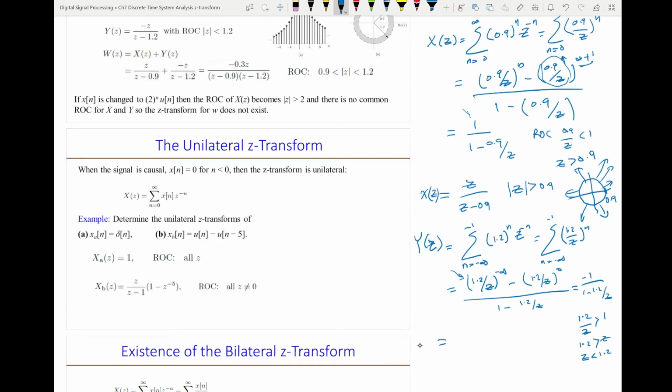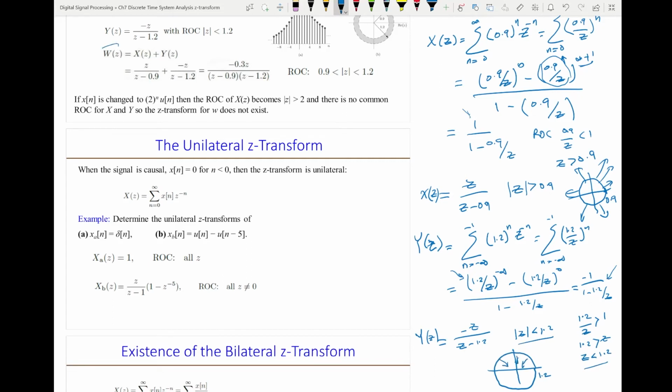And we can simplify this further by multiplying numerator and denominator by z, so that would be minus z over z minus 1.2, and the region of convergence is the magnitude of z less than 1.2. If I plot the region of convergence here, this is a circle of radius 1.2, and the magnitude has to be less, so it is in this region.